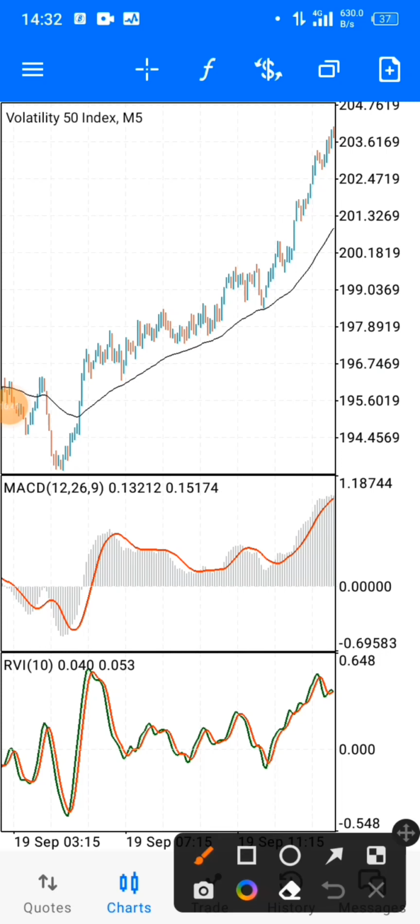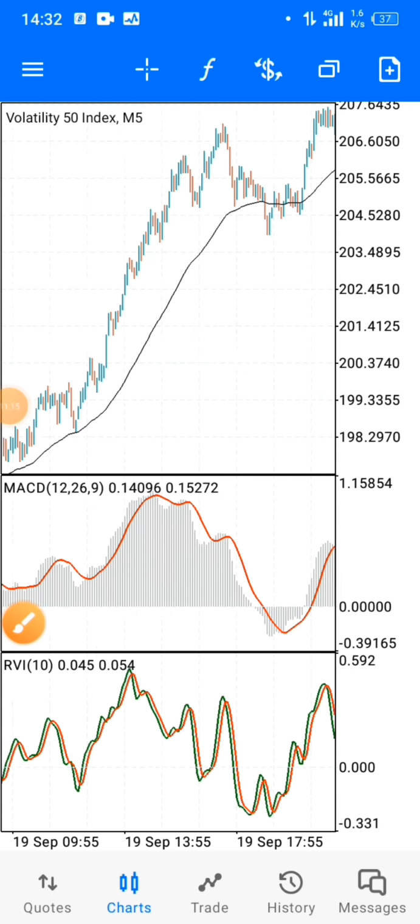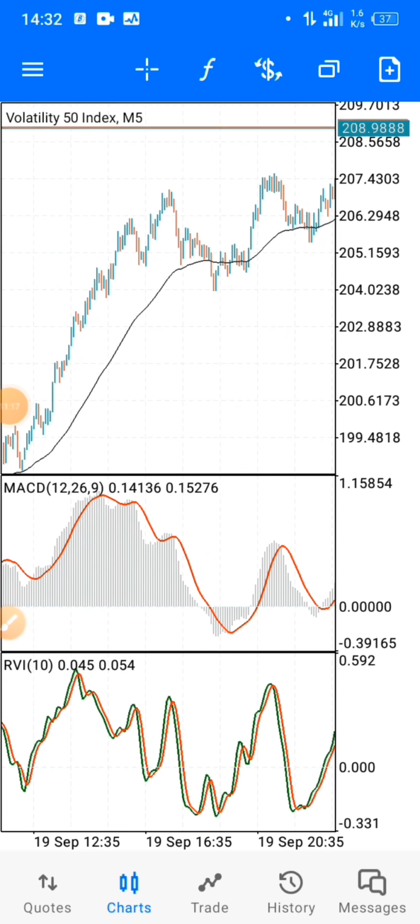But I personally wouldn't enter right there, because it gets broken right here. That's when I will start looking for my entries, which means I will only take this trade right here. This one didn't cross below the 0 level. So this was the only trade that I would have taken.